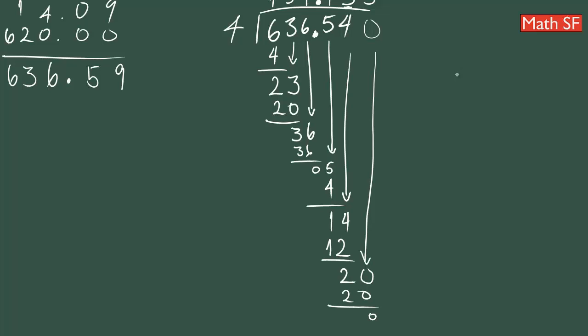The average will be 159.135. What is this place? 10, 100, 1,000. So it will be 135 thousandths. That will be our average.